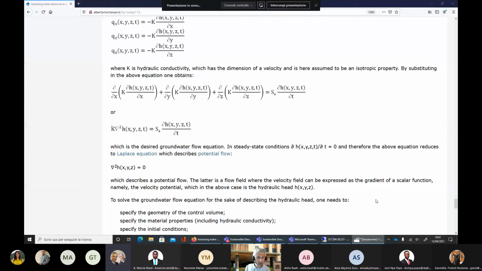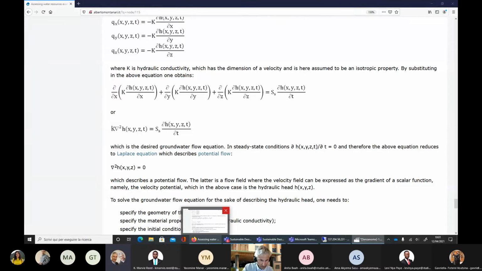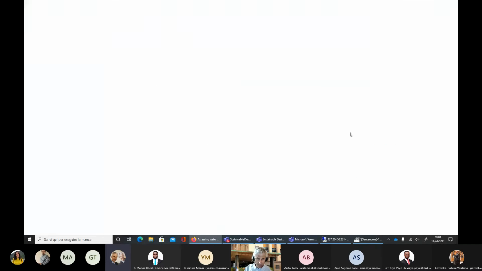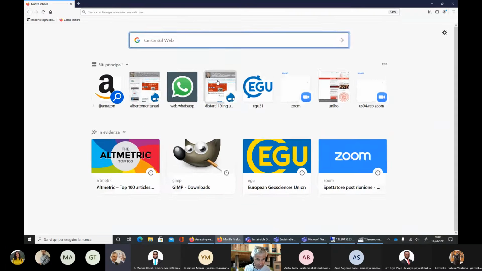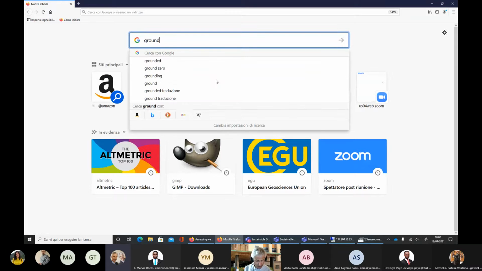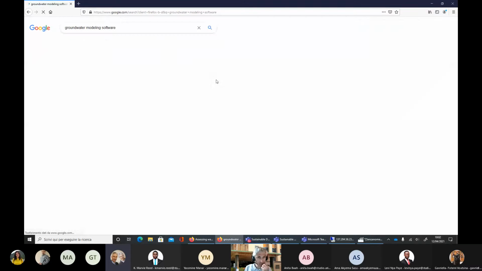And let me give you an example. Just 1 second. Because I wanted to maximize the view on my phone, otherwise I cannot check what you see. So let me open another web page and look on the web for groundwater model or groundwater modeling software here.